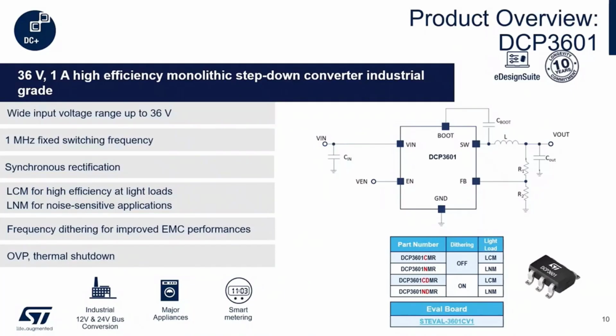You can see there's no external diode. It has a fixed 1 megahertz switching frequency, and it comes in two versions. LCM, which is low consumption mode, and NMM, which is low noise mode. So basically, it is a PFM for high efficiency at light loads, and PWM for more predictive ripple for noise-sensitive applications.